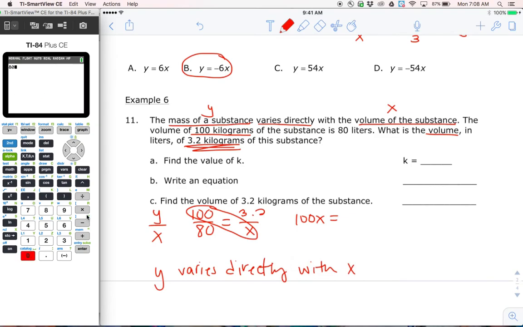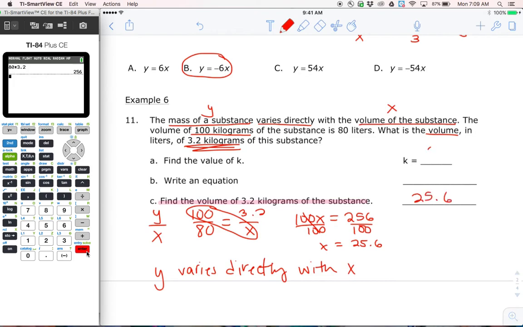So 80 times 3.2 gives me 256. So if I'm going to divide and get that volume by itself, we're going to get 25.6. All right, so we actually just essentially did all the work here. We got 25.6.